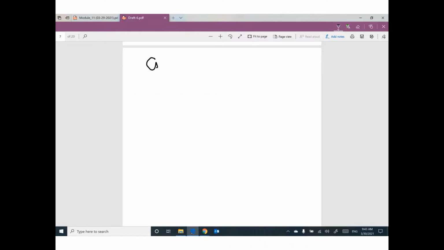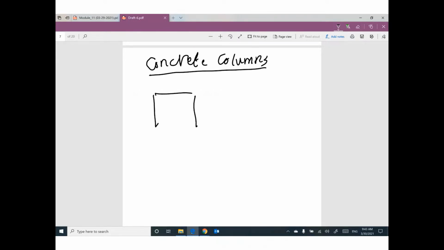we covered how to design concrete column. Do you remember that? If you have a column with the steel reinforcement, looks like this, or looks like this, whatever the shape, we can figure out the design compressive strength of this column.